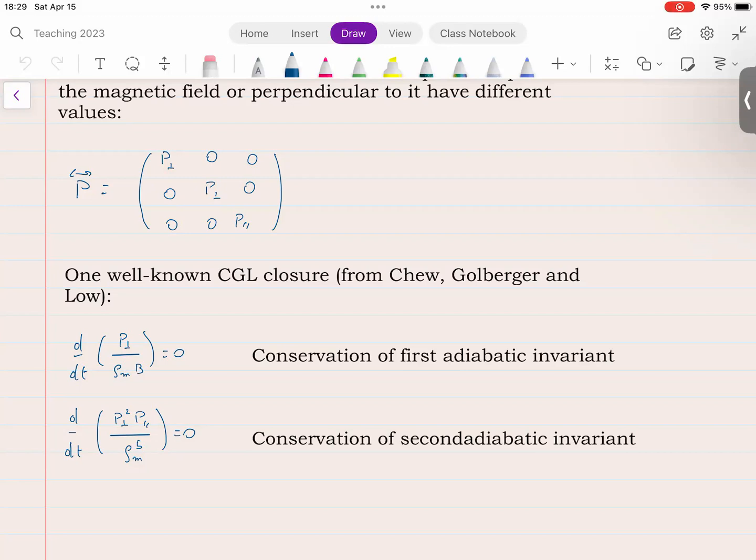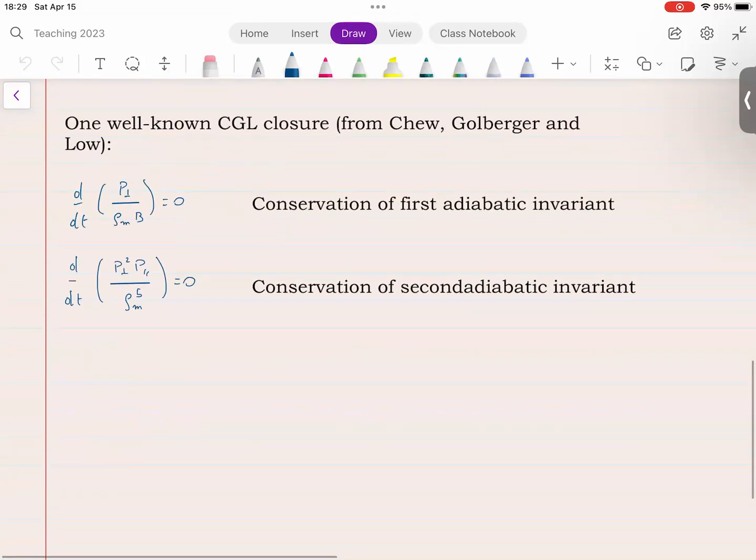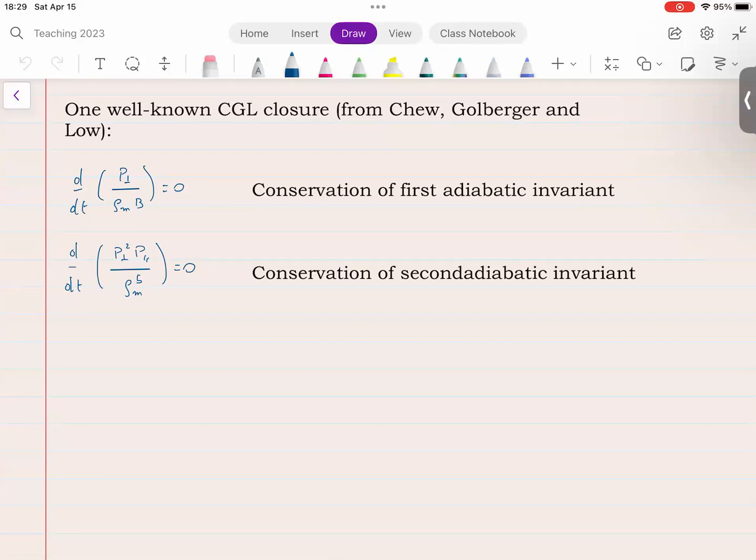And unfortunately, we don't have time to get into much more detail about this, but if you ever run into an anisotropic fluid model for plasmas, chances are this is going to be the model, the CGL model.